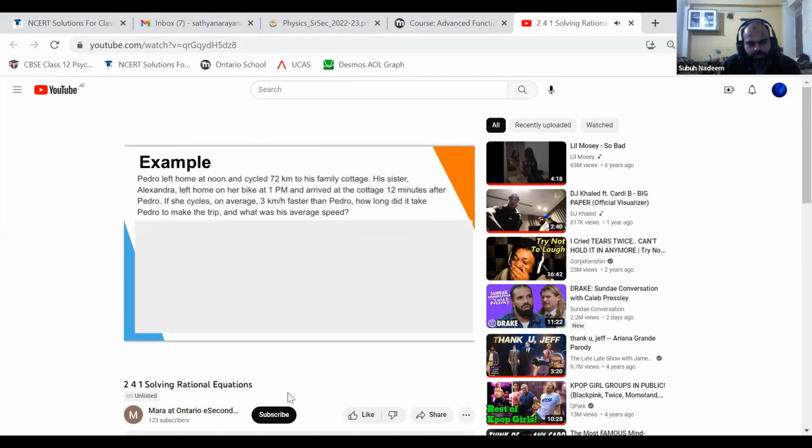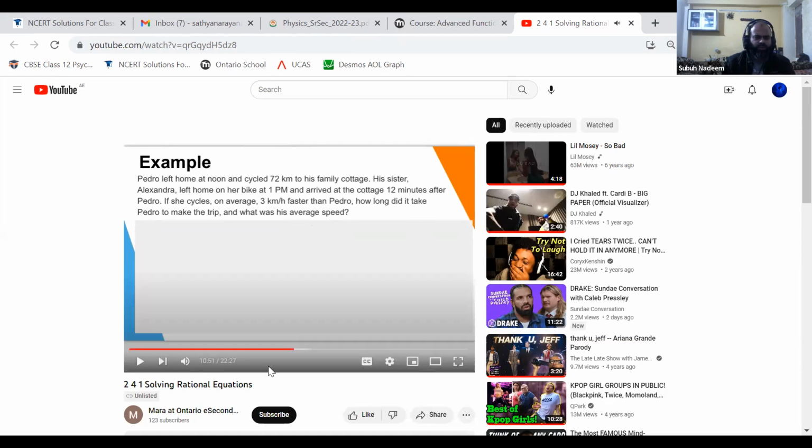So how will we get x is equal to minus 3.5? There should be some method. They have written the final answer.